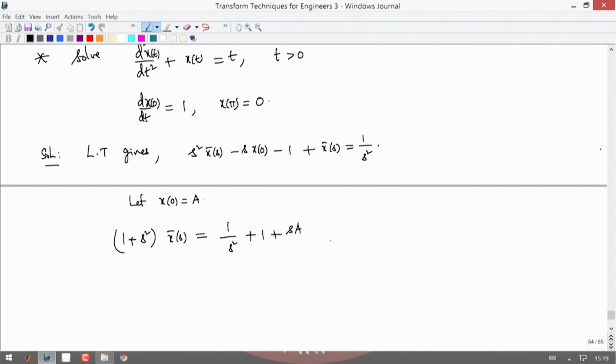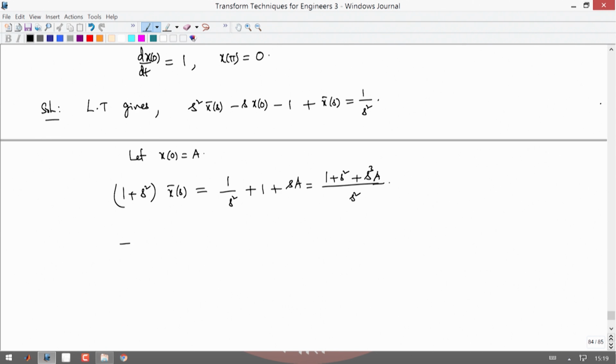So, this is equal to 1 plus s² plus s³ a, and you can get x bar of s as (1 plus s² plus s³ a) by s² times (1 plus s²). So, you can get it as 1 by s² as the first term, and the second term as s a by (1 plus s²).